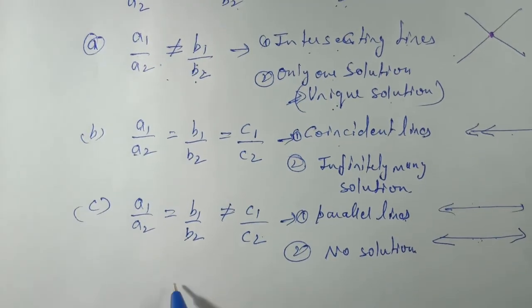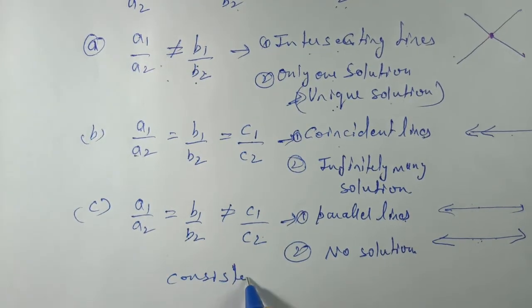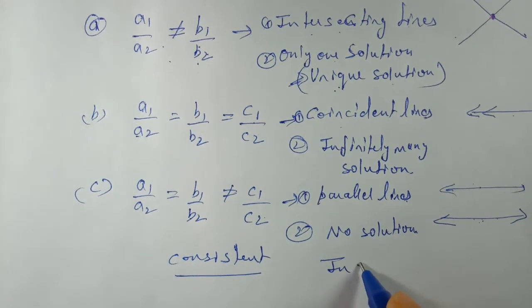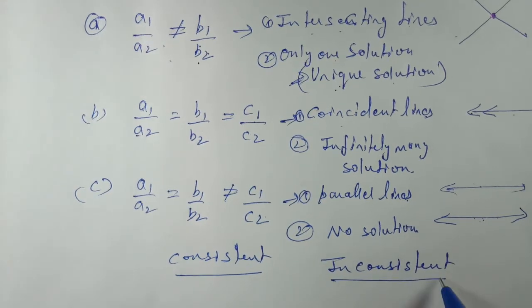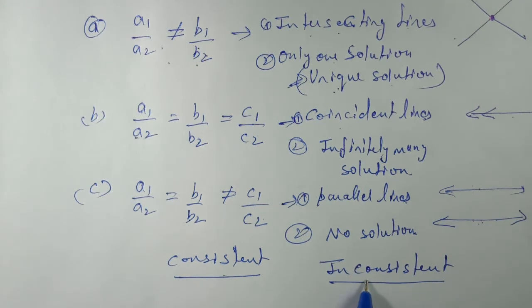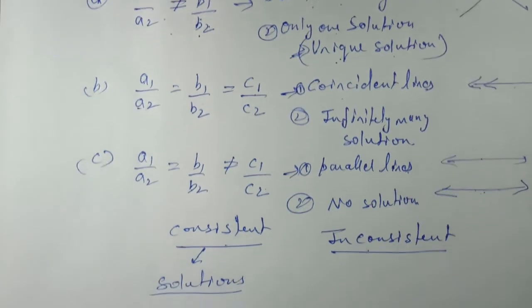Two more words we have to learn: consistent and inconsistent. It is asked which pair of linear equations is consistent and which is inconsistent. Consistent means the equations have solutions.